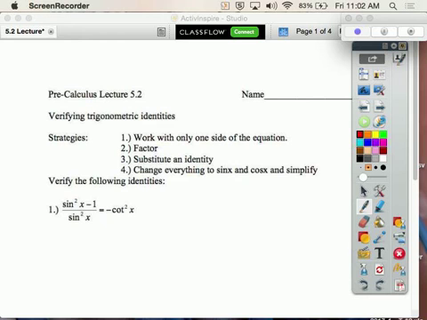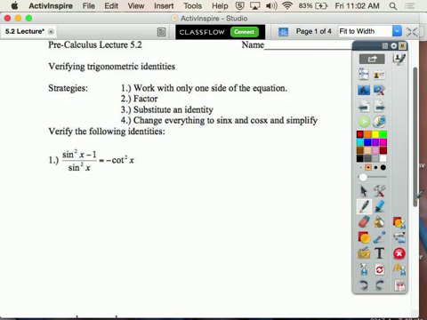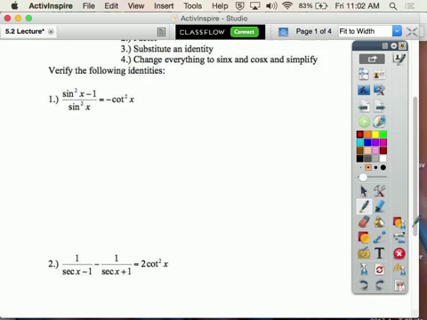So what you try to do is you look at the left-hand side and you try to make it look like the right-hand side or vice versa. Here what I notice is that on the left-hand side, at the very top, I have a sine squared x minus 1. In my Pythagorean identities, I remember there's a 1 and a sine squared.